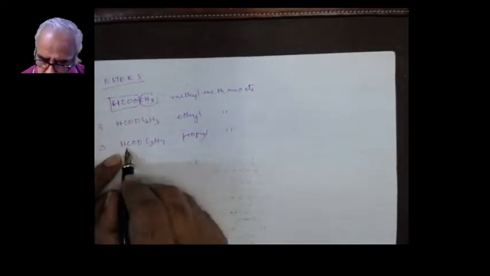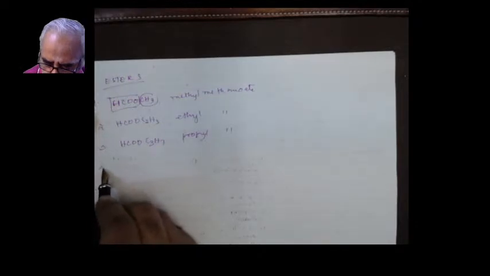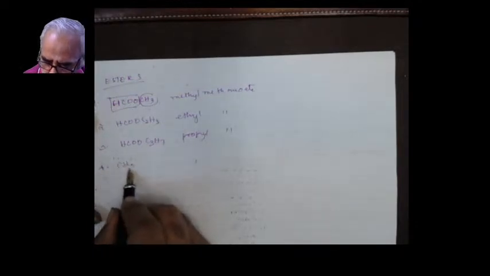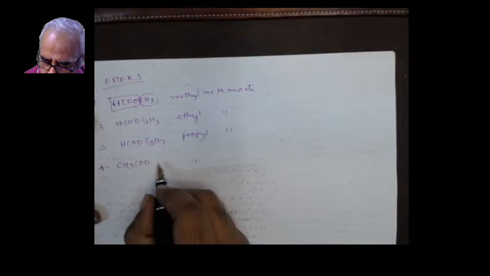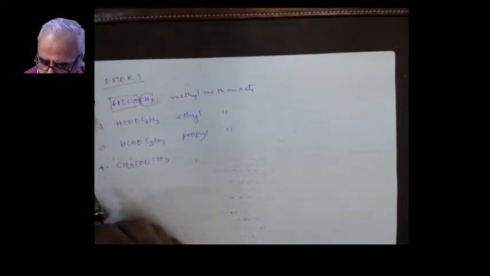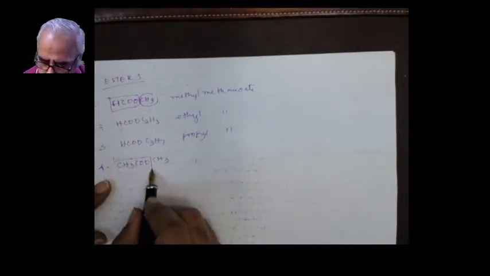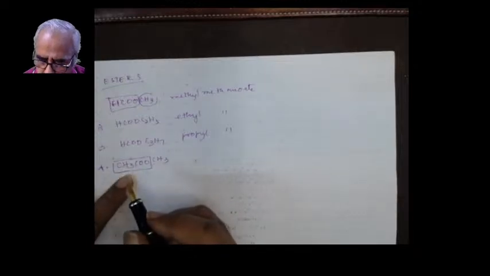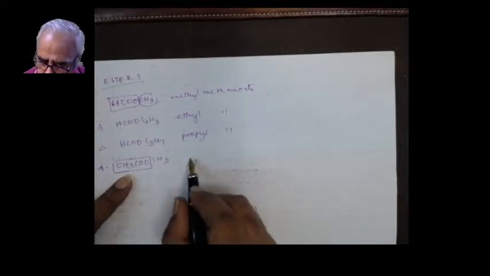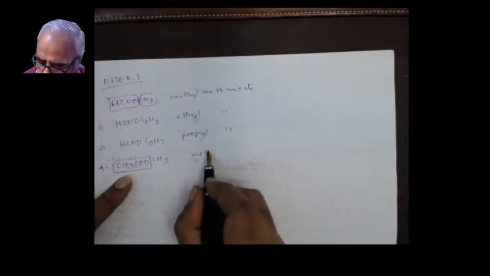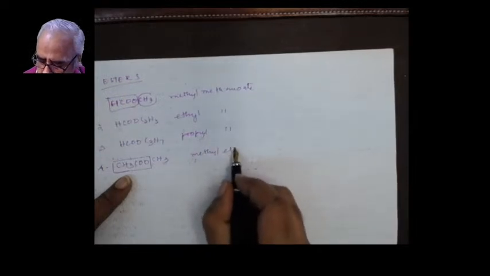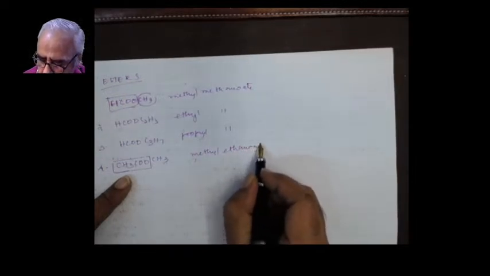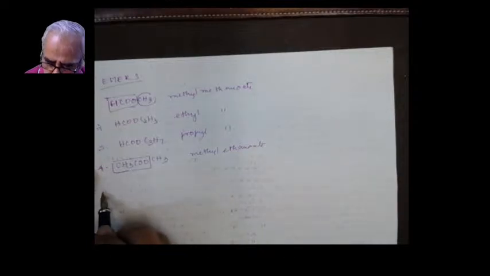Now I am changing this one. CH3COO, and I am maintaining CH3. Now what will we call it? This is ethanoate. So methyl ethanoate. Are you able to follow? And we can go on changing this.